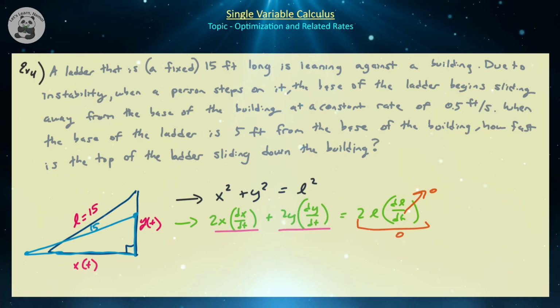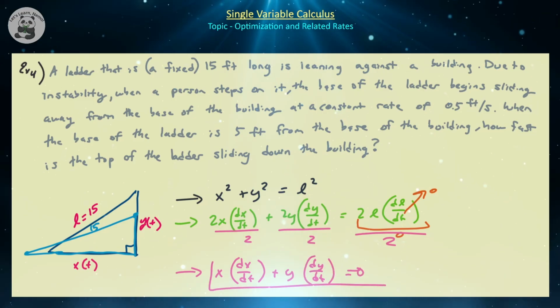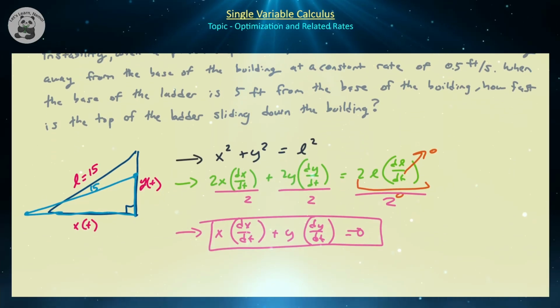Notice that we have a 2 in each of these terms, so we can divide all sides by 2, and we're going to have a simpler relation to deal with: x times dx/dt plus y times dy/dt equals 0. So this is the first equation that we can work with.